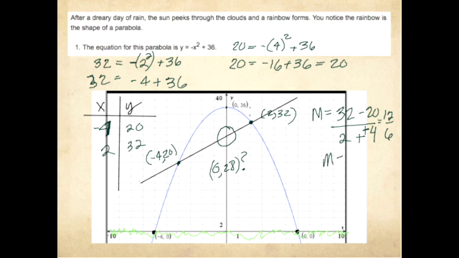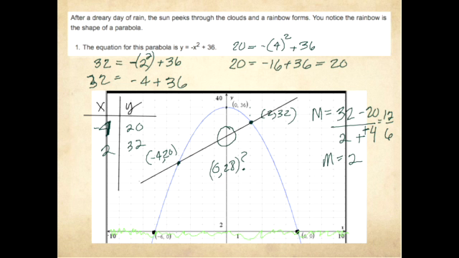Oh, that's a beautiful slope. So m is equal to 2. That's my slope of the drone. M is equal to positive 2. Because my slope is positive, that is my proof that the drone is going up.